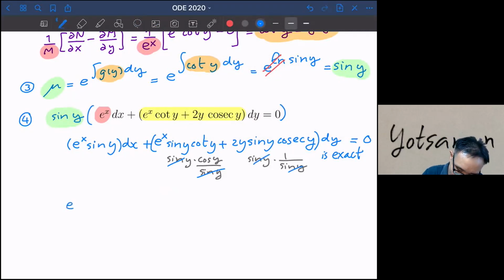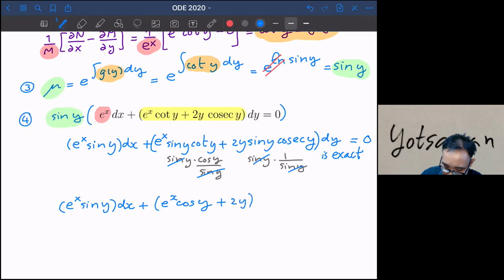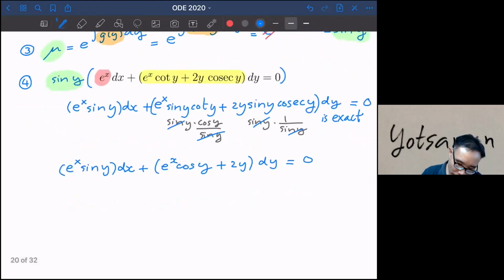So this would lead you to e to the x sin y dx plus e to the x cos y plus 2y dy equal to 0. I will let you do the fifth step on your own.